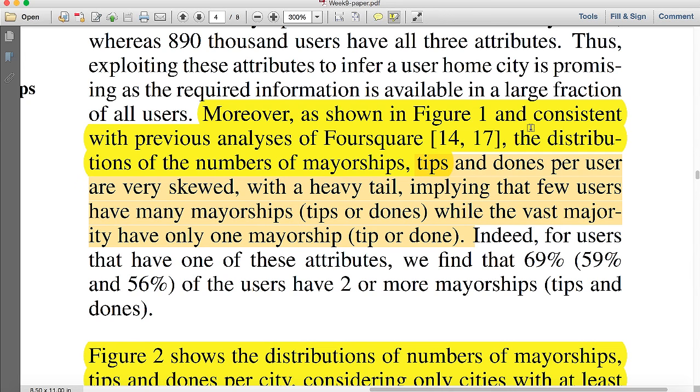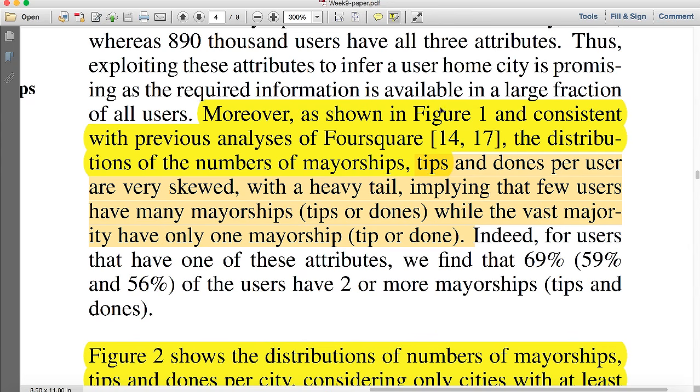A similar type of graph was drawn here, to see the distribution of mayorships, tips and dons per user, and the inference is that they're skewed with a heavy tail, implying that few users have many mayorships, tips or dons, while the vast majority of them have only one mayorship, tip or don. That's essentially what the Pareto principle is. That's essentially what a power law is also.